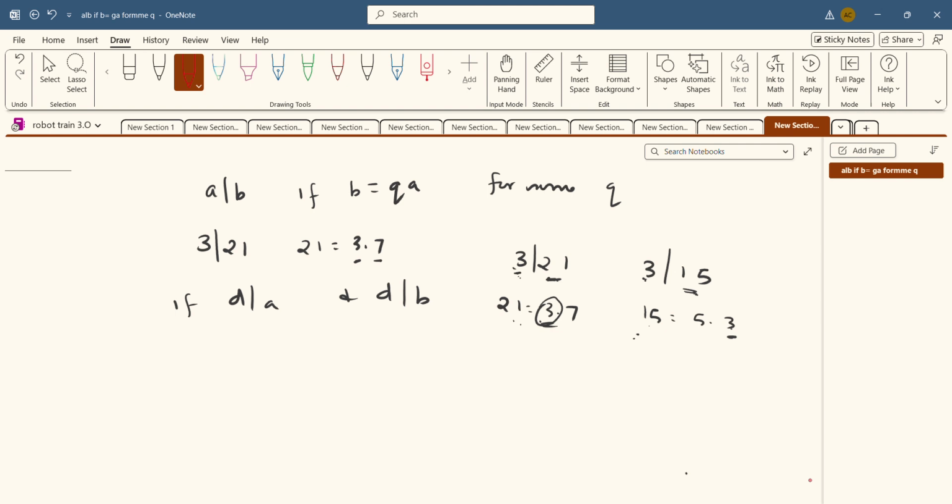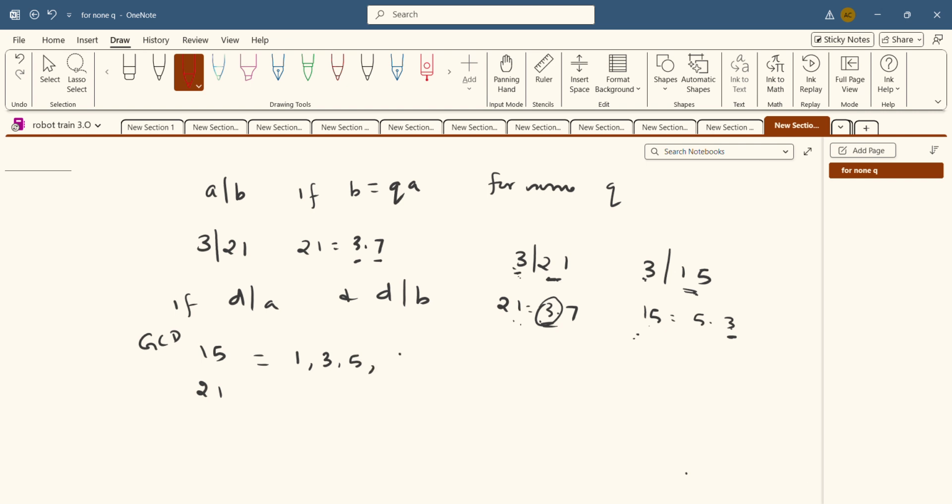Okay. So from this we can define greatest common divisor. Suppose we have 15 and 21. How are we going to find the greatest common divisor of these two numbers? First you list out all the factors of 15: 1 into 15, 3 into 5.